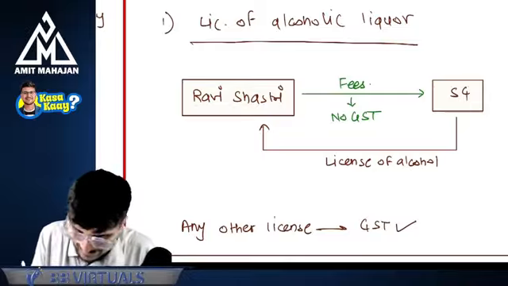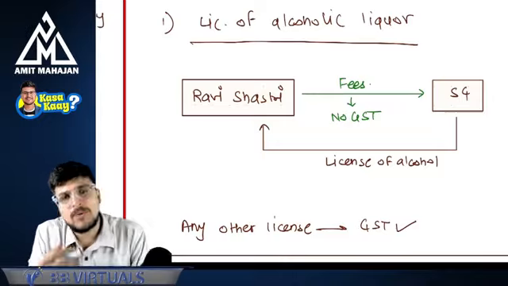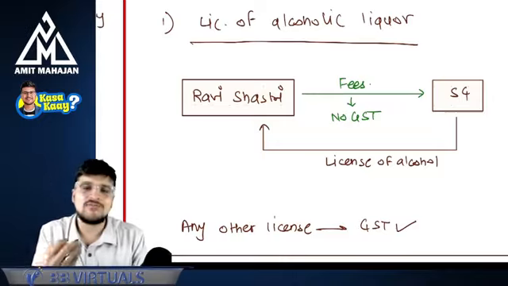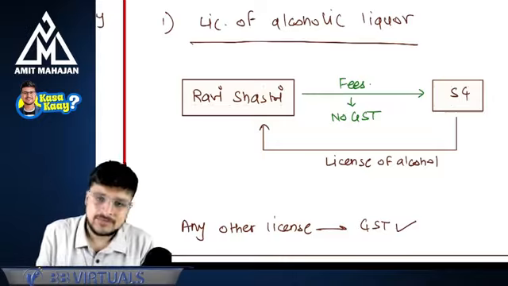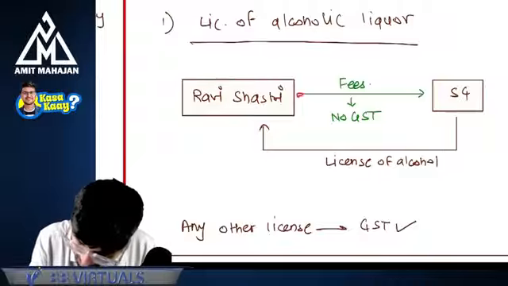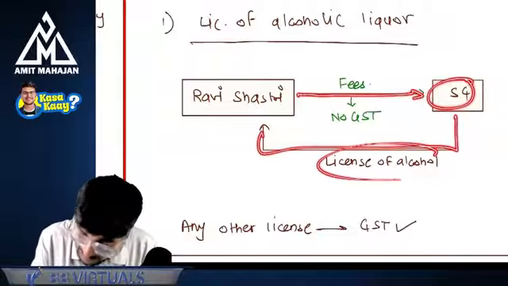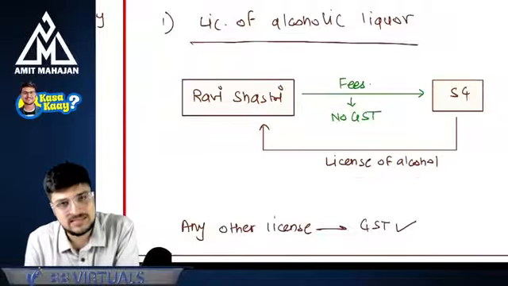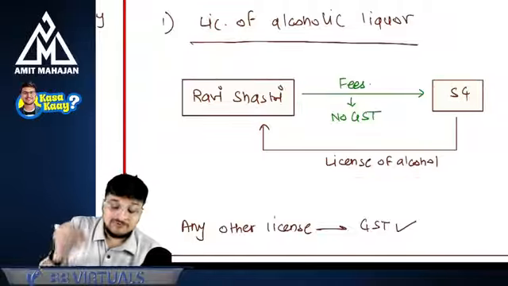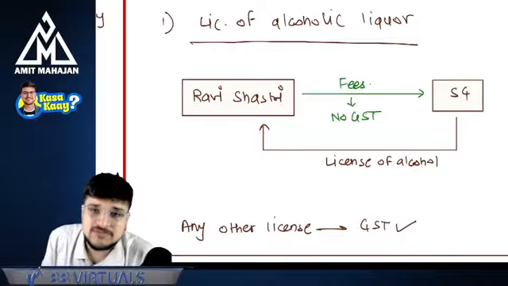Can I say that the state government will charge some kind of license fees from Ravi Shastri? Yes. So Ravi Shastri will pay fees to the state government, and the state government will give the license of alcohol to Ravi Shastri. The point is, will there be any GST on these fees which are paid?